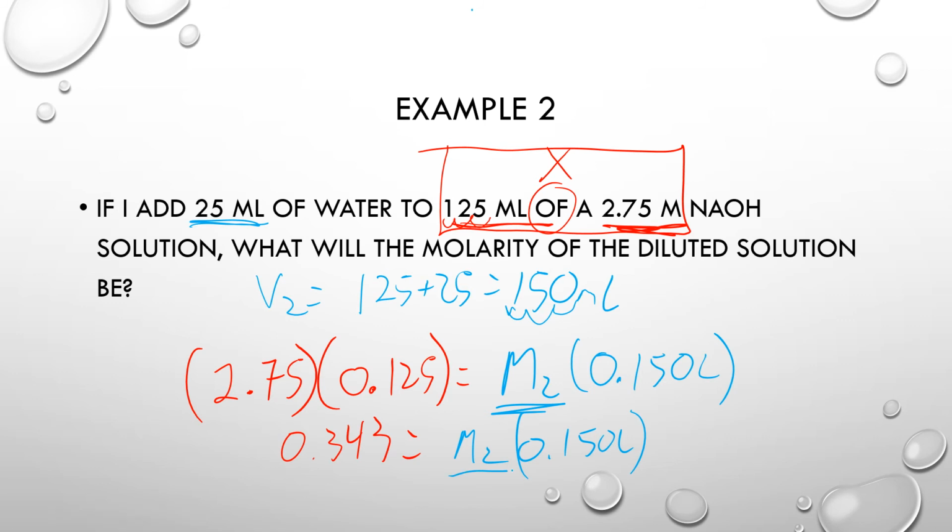So we're dividing both sides by 0.15, and we get M2 is equal to 2.29 molar. Okay, so the molarity went down from 2.75 to 2.29 because we put more water in it, which should make sense.